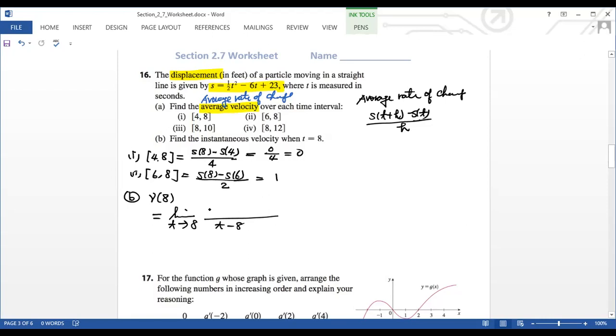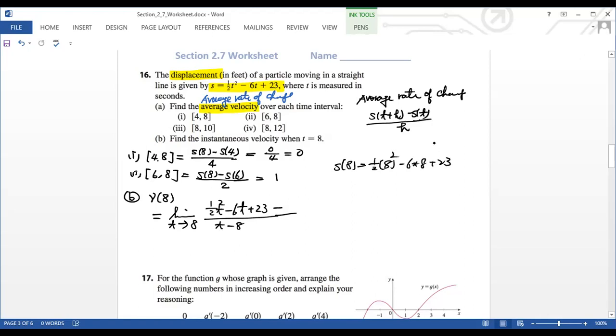Then the top here is s, right? So it's 1/2 t squared minus 6t plus 23. Then minus s of 8, right? Let's take a look at s of 8. You just put the 8 in here. So it's 1/2 times 8 squared minus 6 times 8 plus 23.